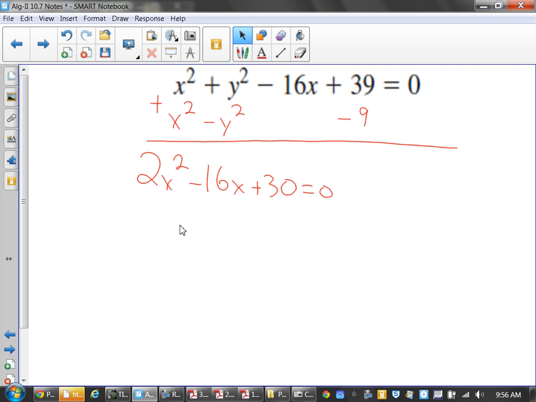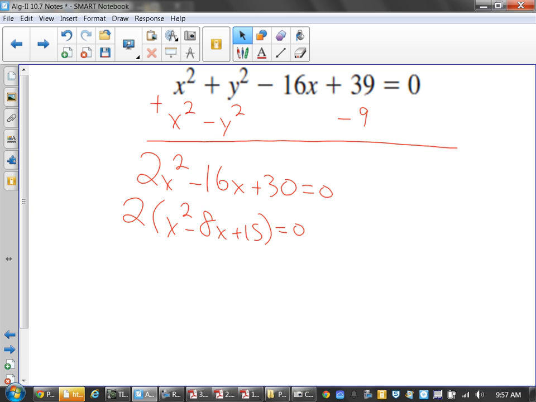Did I solve for x without too much of a hassle? What's my first rule? What's my GCF up here, ladies and gentlemen? 2. Take out the 2, and I get x squared minus 8x plus 15 is 0. Now, Maddie, can I get rid of my 2 here? Yeah. I can, and why can I get rid of my 2? There's no variable there. Everybody okay with that?